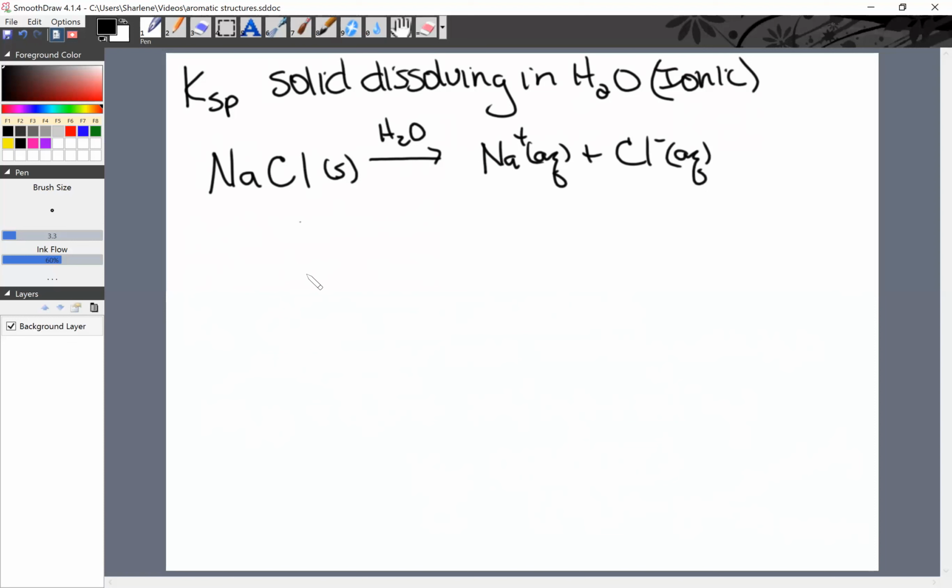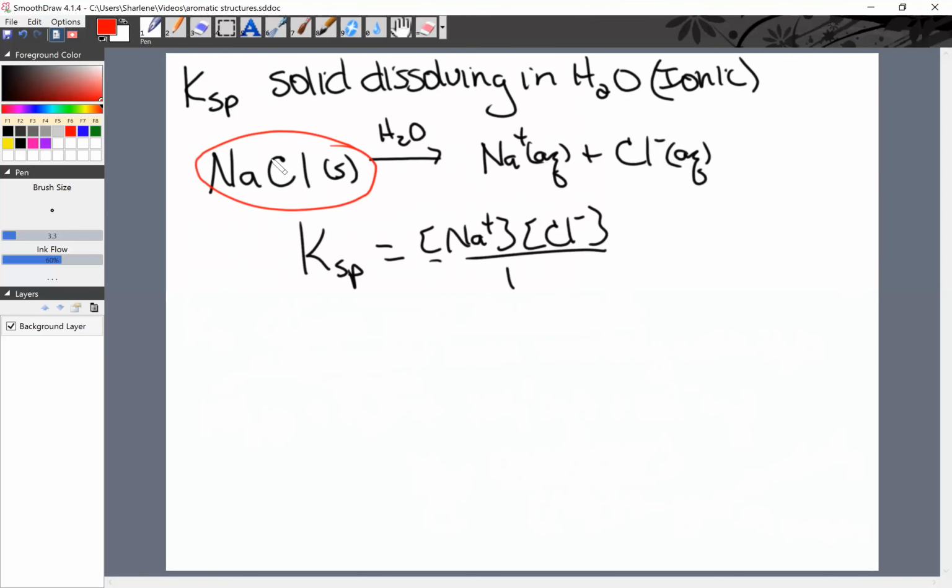This is called a KSP equation. And notice, this is a solid, so it does not appear. And then, of course, the water doesn't appear, even though it's technically a reactant. So that is my KSP equation.